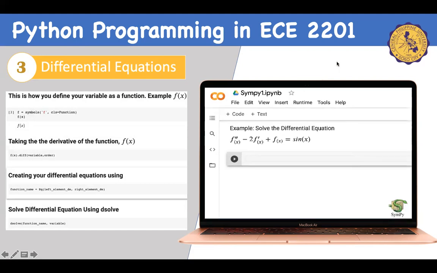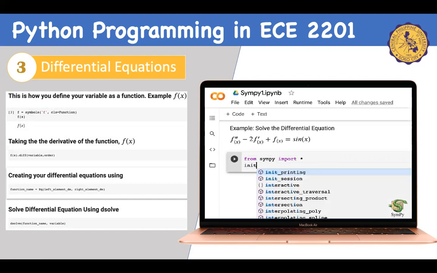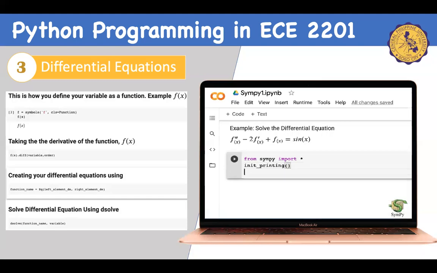Okay, now we go to the coding part. First, we are going to load SymPy again, a module of SymPy. So from sympy, we import asterisk. We are going to solve the problem shown above. First, we are going to define the function f.